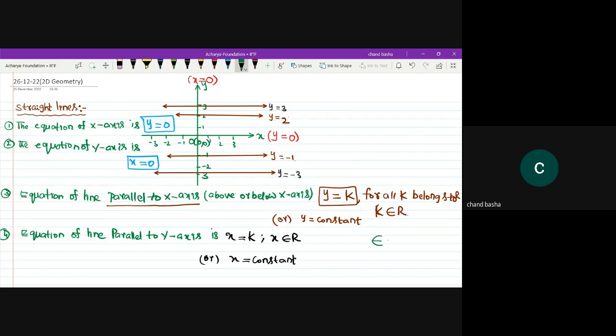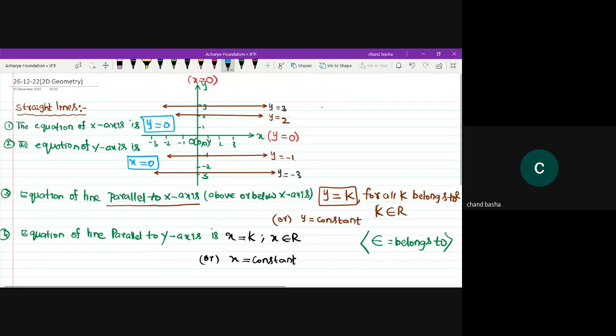This symbol is the representation for belongs to, right? So x is equal to constant where and when your line is parallel to the y-axis. Is it clear?